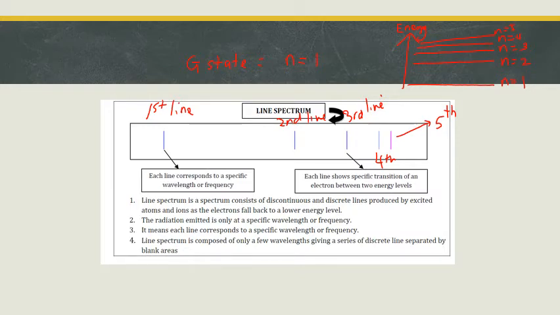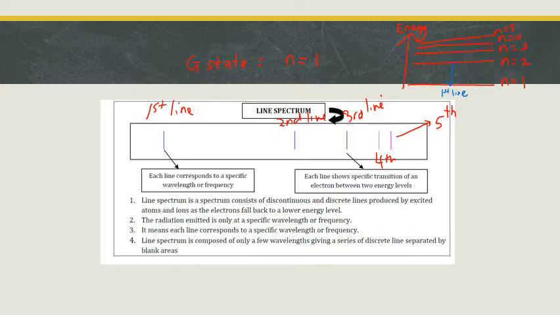Okay. Jadi bilakah first line ini terbentuk? First line ini terbentuk apabila elektron drop ataupun elektron fall from N sama dengan 2 ke N sama dengan 1. So, ini akan membentuk first line. Okay.